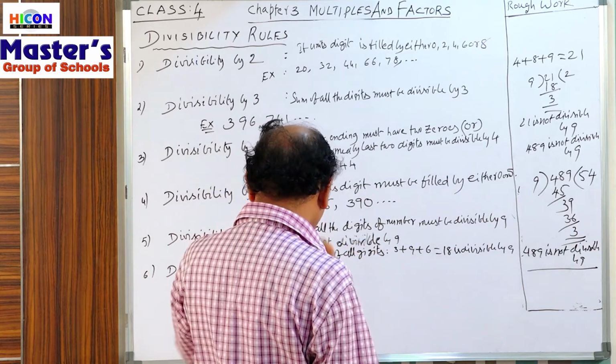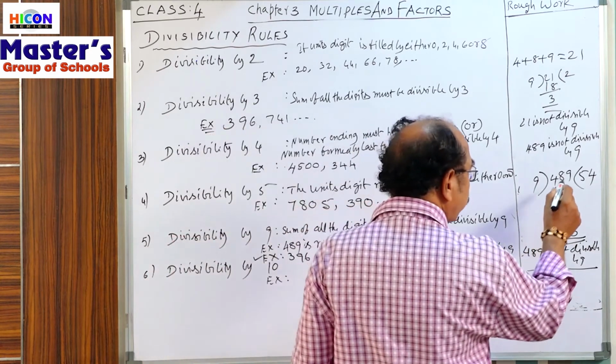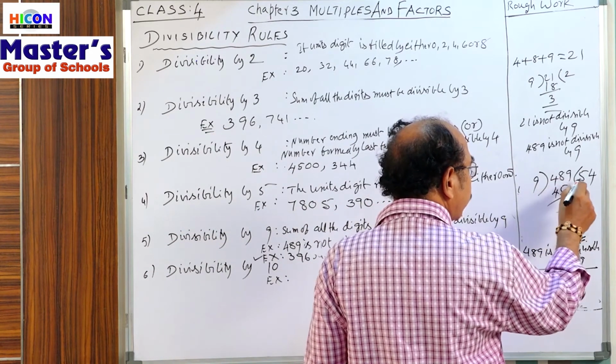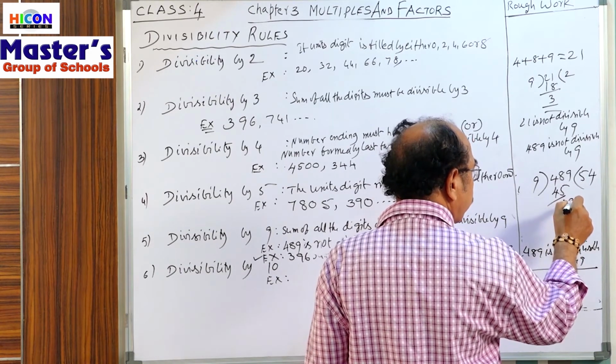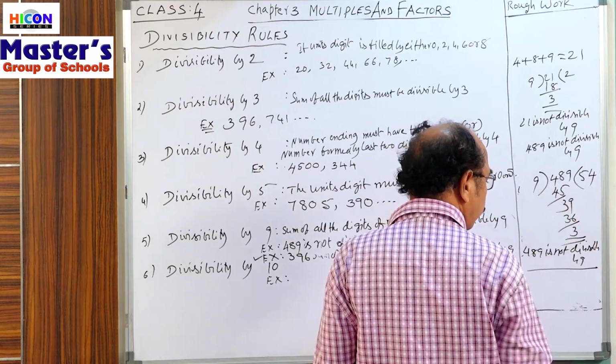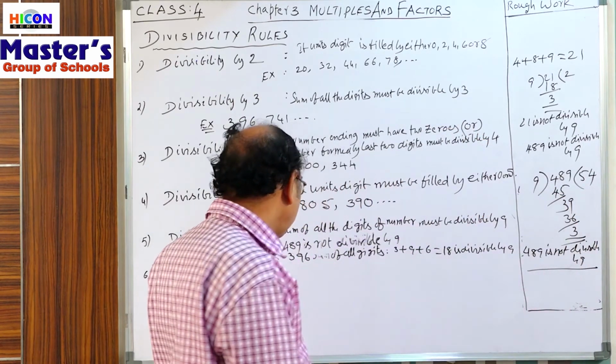Like this we can give some examples. The actual division, 489 divided by 9: 9 fives are 45, remainder 39, not divisible. That's why 489 is not divisible by 9.